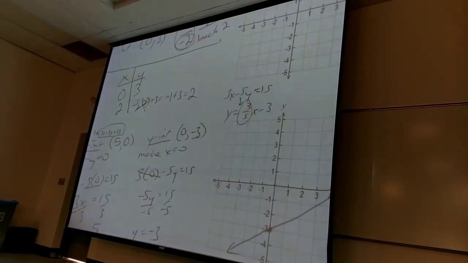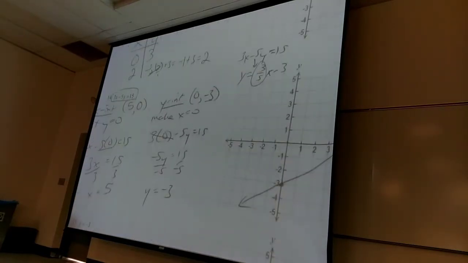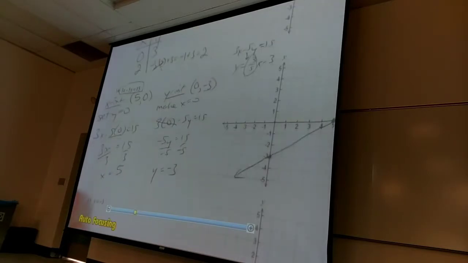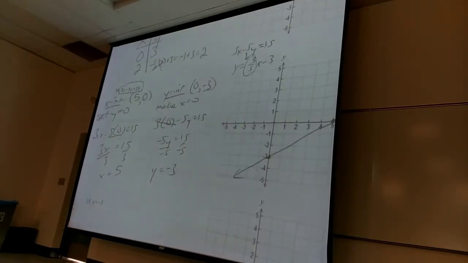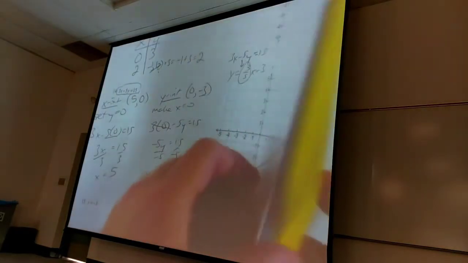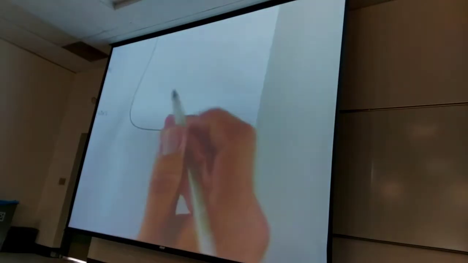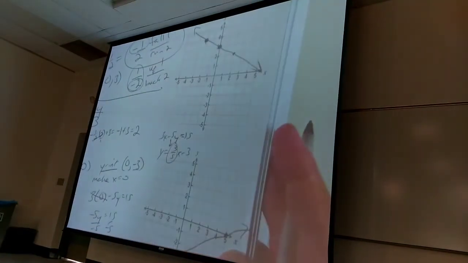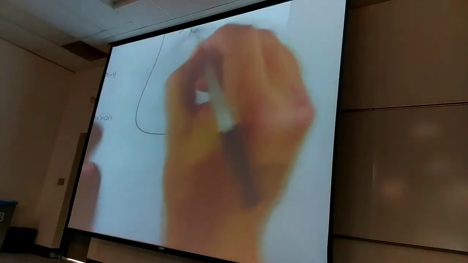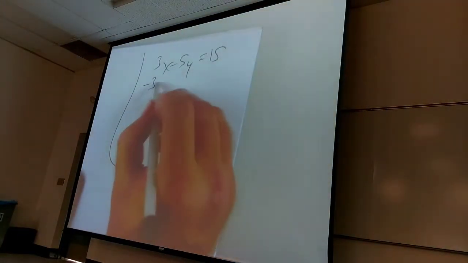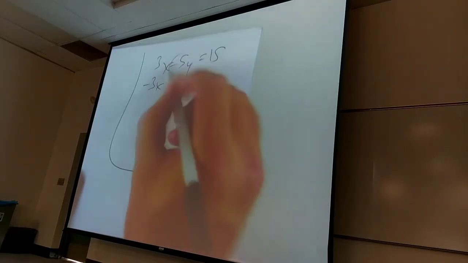Yes? Why is the 3 over 5 positive? I got it. Okay, let me show the steps. What was the equation? 3x minus 5y. So you subtract 3x. What do you have left?